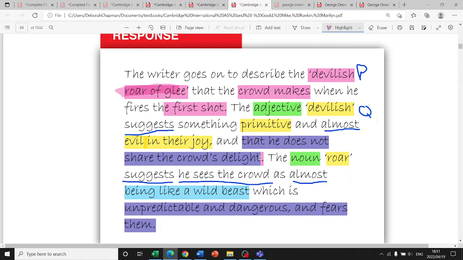The noun roar itself suggests that he sees the crowd as almost being like a wild beast, which is unpredictable and dangerous, but it's my interpretation of the way that the writer is describing the crowd, the sound that crowd makes in the first shot.